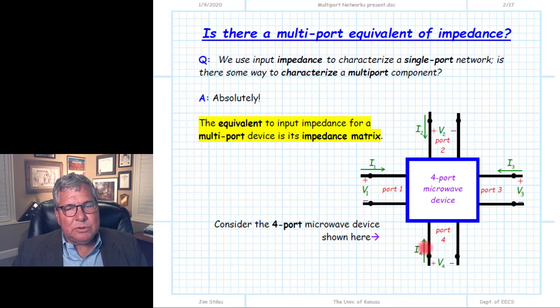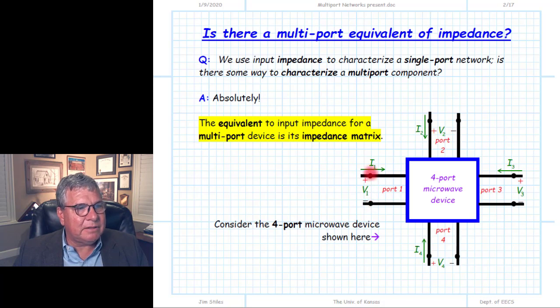Now, to be able to define accurately and repeatably the transimpedance parameters, we need to define the voltage and current at each point in a specific way. And the way we do that is, first of all, we define a voltage plus to minus, and so we define a positive voltage as a voltage potential that's higher at this location than one here.